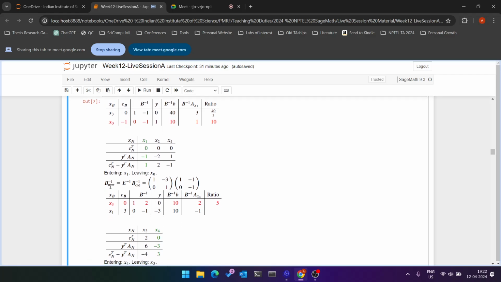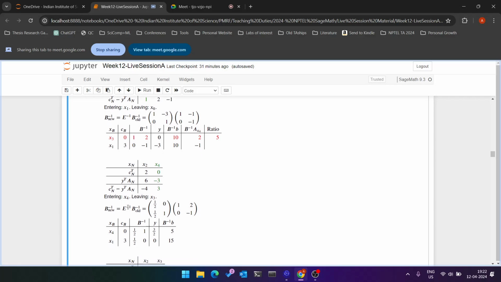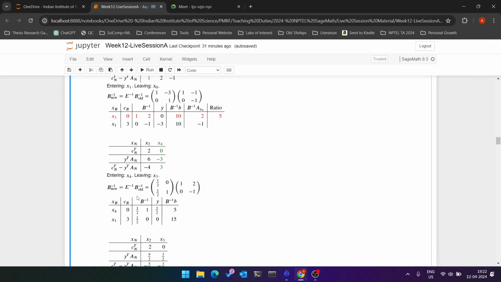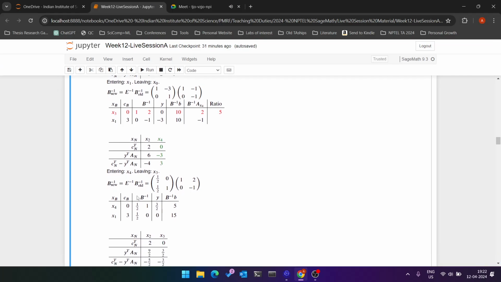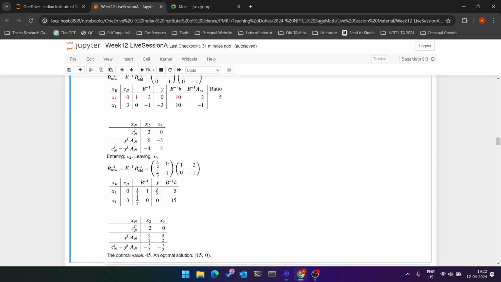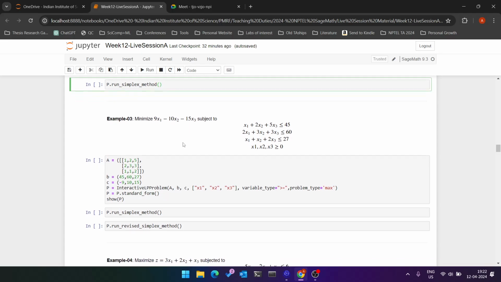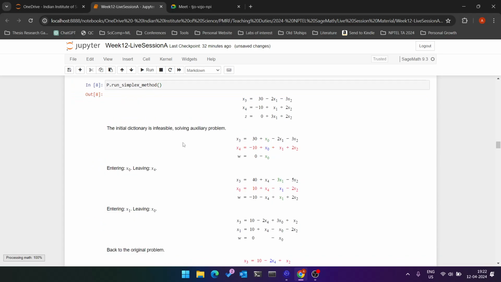With this in mind, I get my new B inverse, and from that I obtain my current reduced cost coefficient, C transpose minus C transpose B inverse AN, and that B inverse, C transpose B inverse is given by my Y transpose. I run the simplex method.